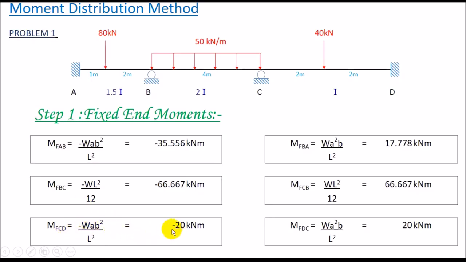You get the answer as minus 20 kilonewton meter, and MFDC is equal to W a square b by L square, which is 20 kilonewton meter. Alright, through with the fixed end moments. This was step 1, which is done.